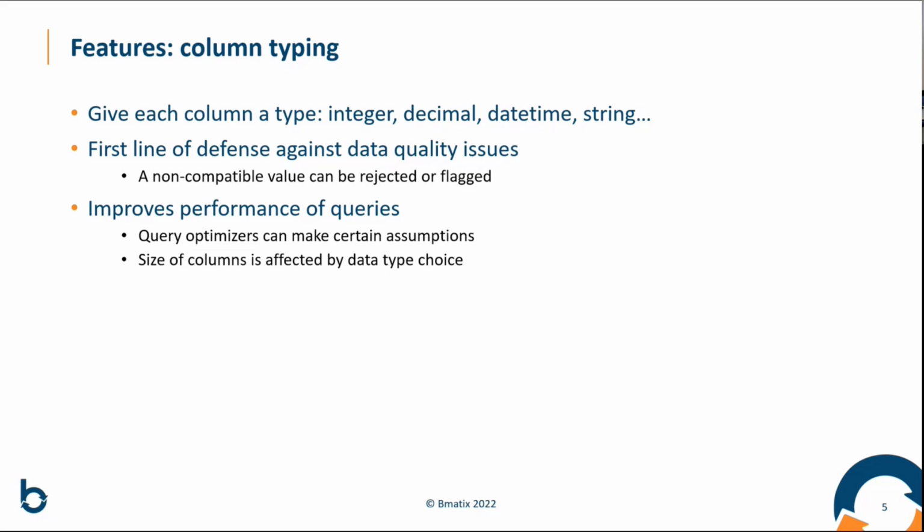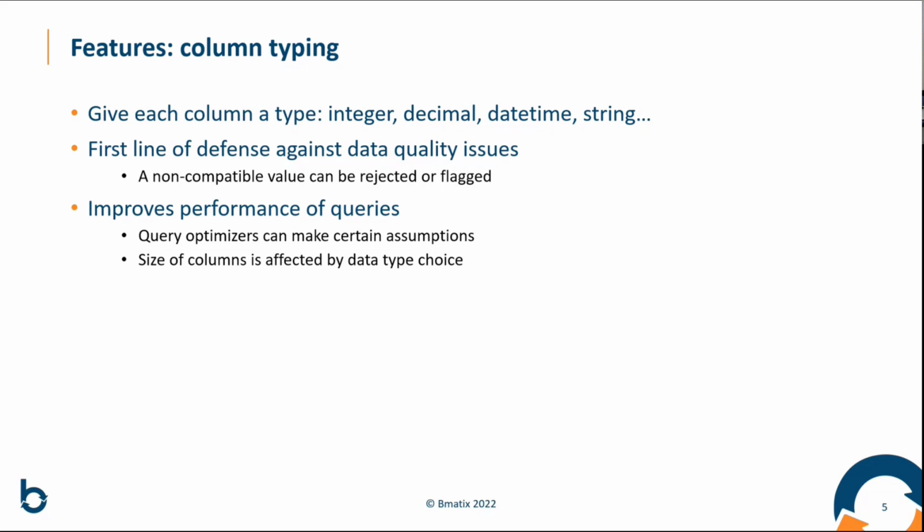And the size of columns on disk, that is when it's stored and addressed, is also affected by data type choice. This is important because input-output (I/O) operations are a huge part of performance when doing queries. So smaller columns are better, and integers and decimals are much smaller to store than strings, which also affects query performance.